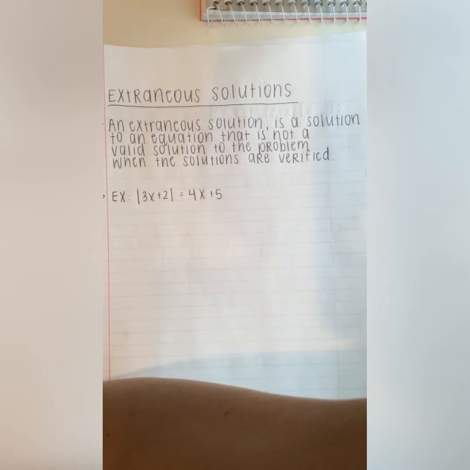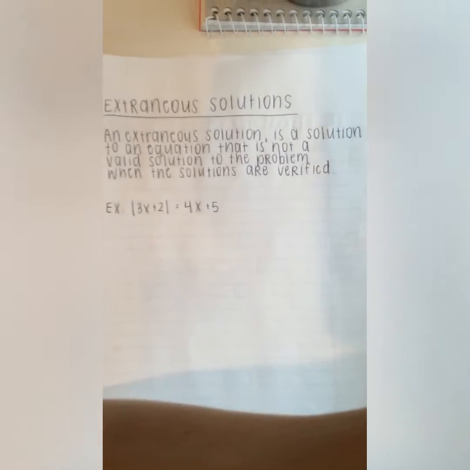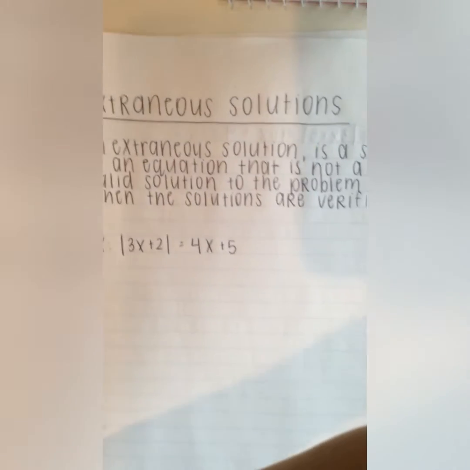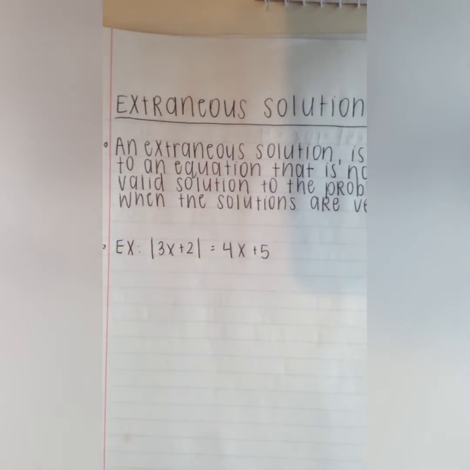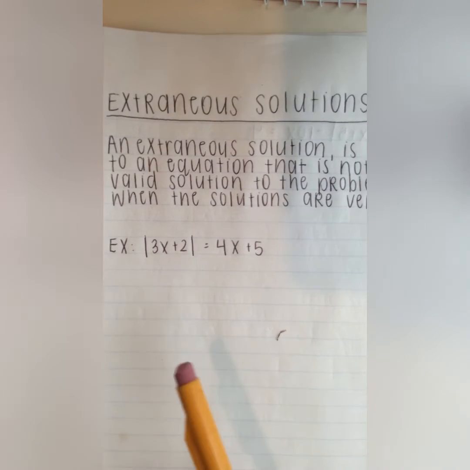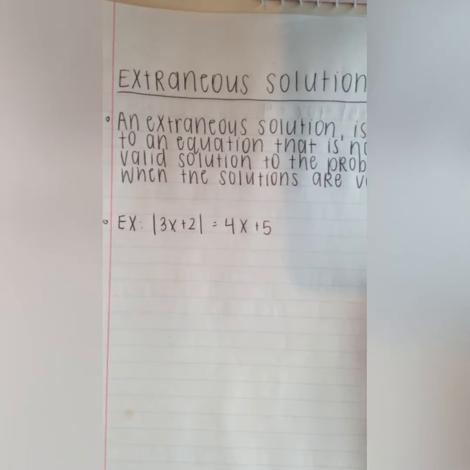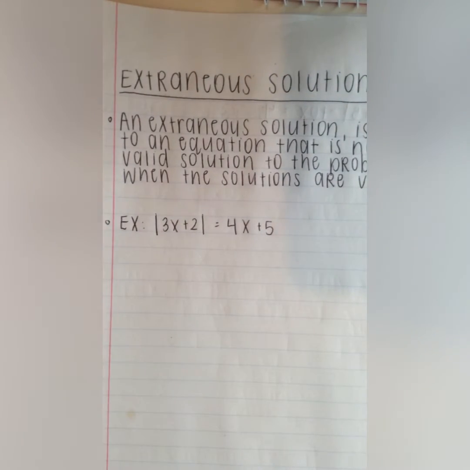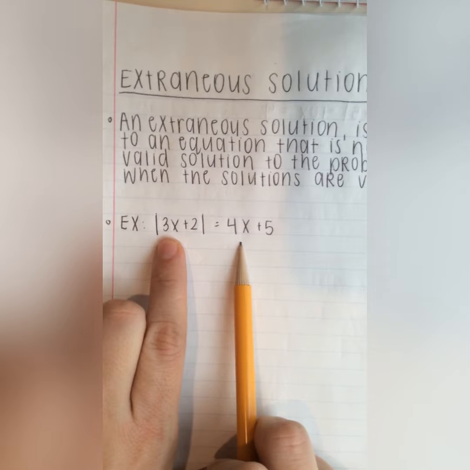So we're going to have to check our answers when we do our absolute value equations today. The types of equations where you would need to check your answer, or where you would need to look for extraneous solutions, are equations like this one. The difference in this type of equation and the one that we did previously is we now have two x's, one on each side.